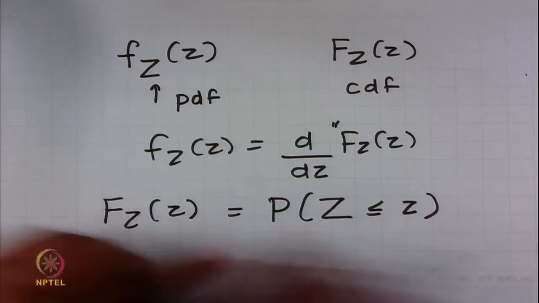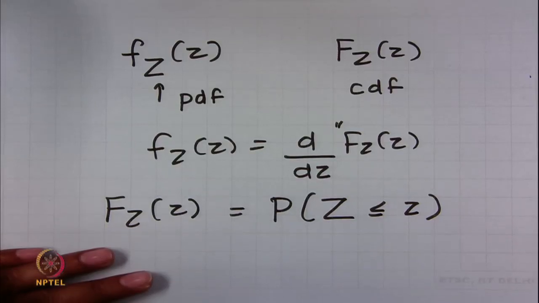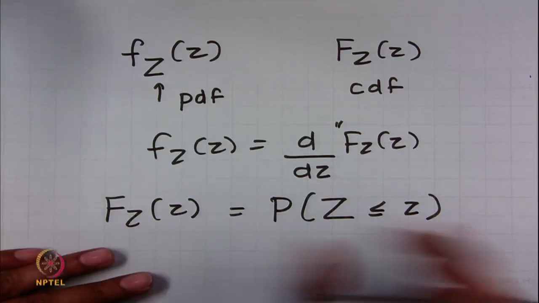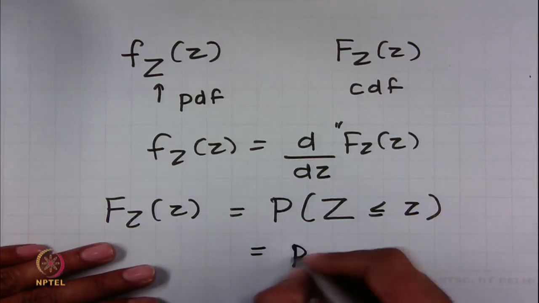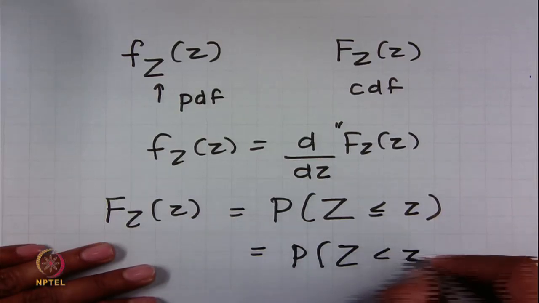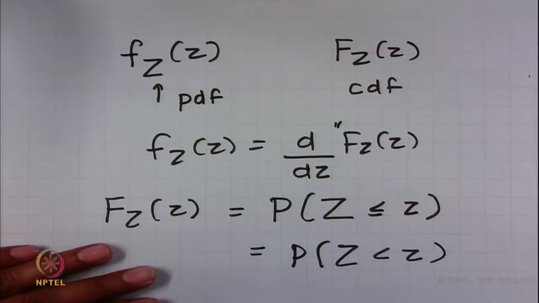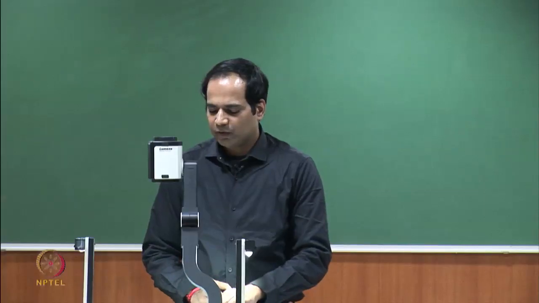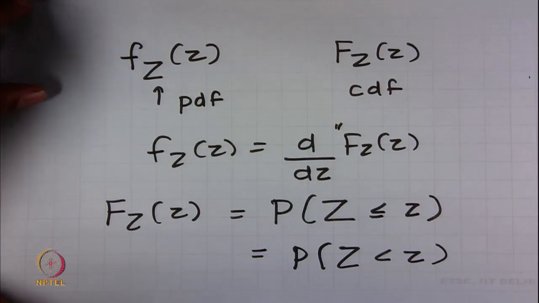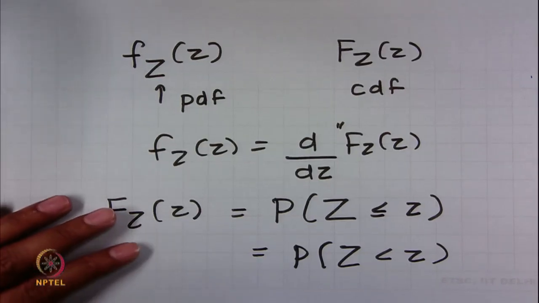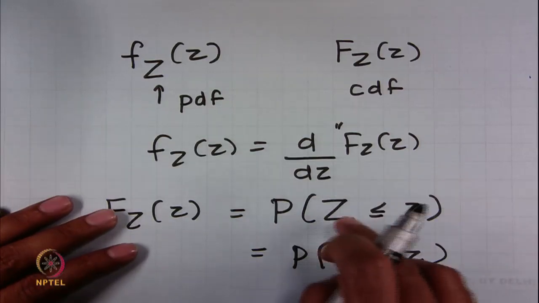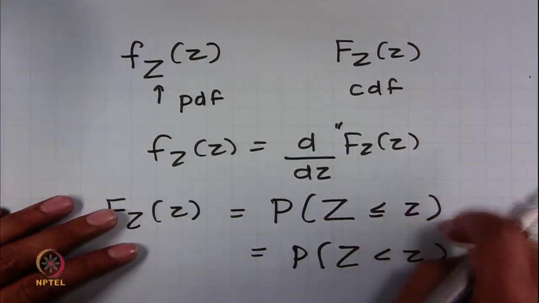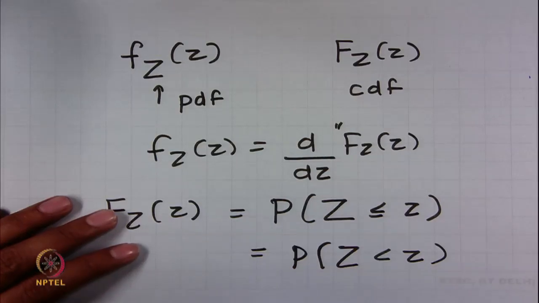And as we have already said, the probability at a single point is 0, thus this quantity is the same as evaluating this quantity. Of course, if the probability density function is well behaved, meaning that it does not have any impulses and so forth. Thus, whether I find the probability with which random variable z takes a value less than or equal to z, or I just evaluate this probability, it is one and the same thing.